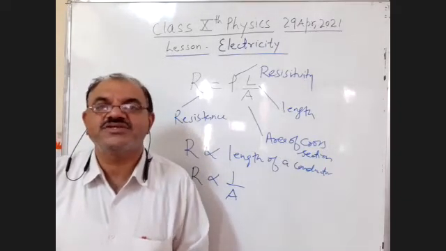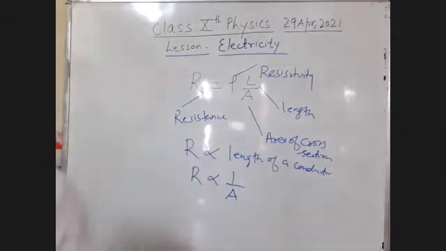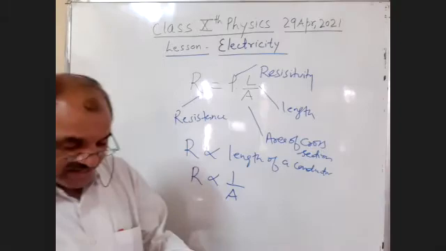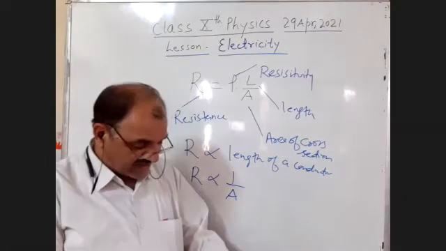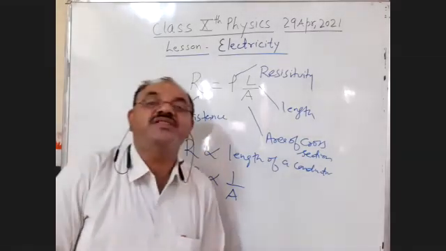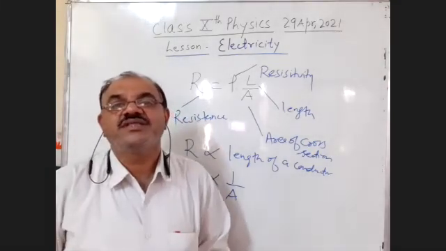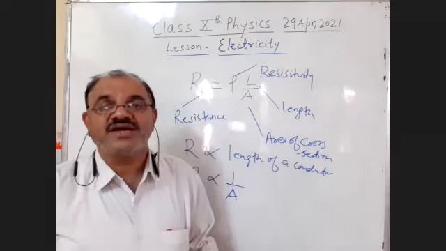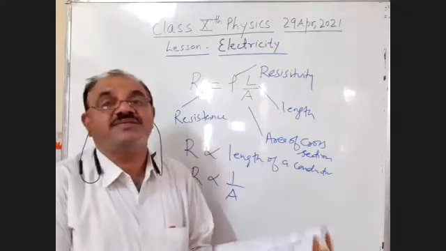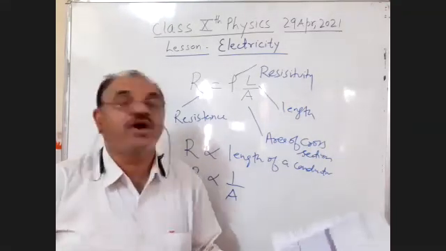Is it clear, students? Now, today we'll see the numericals and the NCERT questions given on page number 209. I'll read out the statement of the first question, then see what is given in it, then how to solve it.